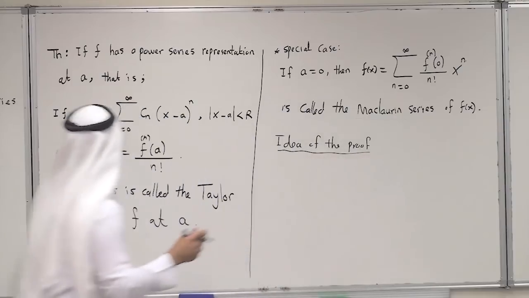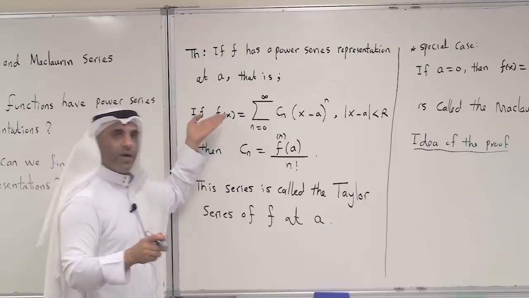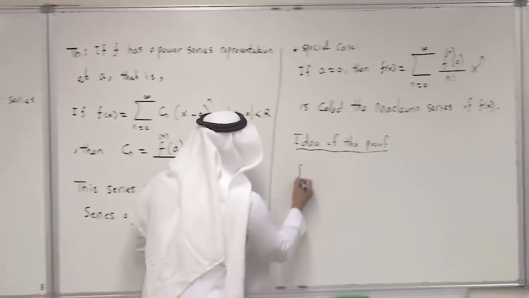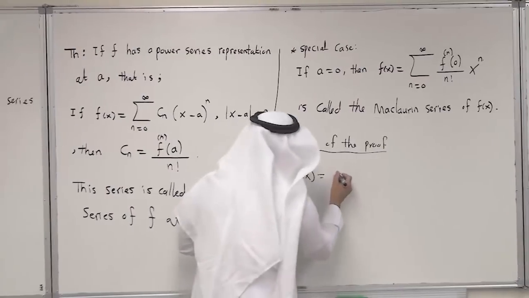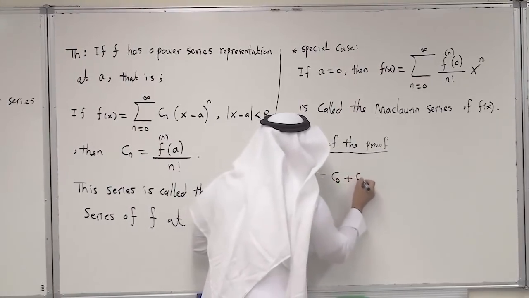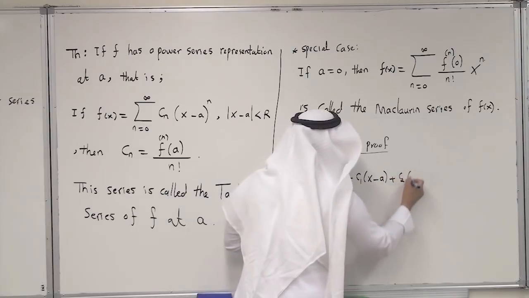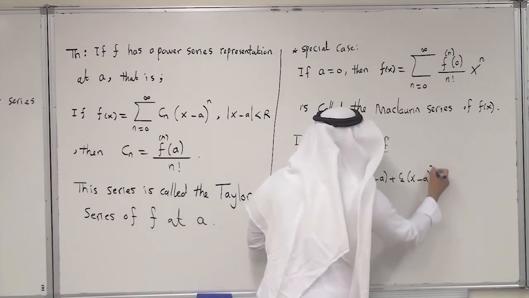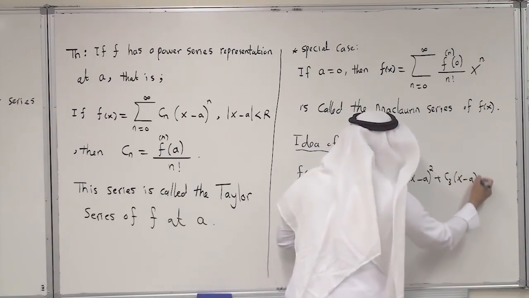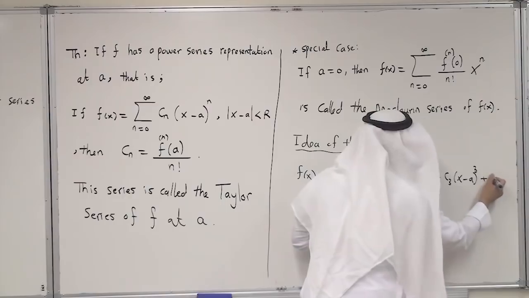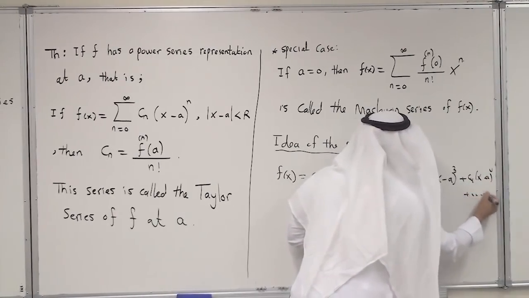The only thing we need to go back to is that we assume now that we have a power series representation for f of x. It means you can expand f of x like this. You can rewrite it as C0 plus C1 times (x minus a) plus C2 times (x minus a) all squared plus C3 times (x minus a) to the power 3 plus C4 times (x minus a) to the power 4, plus this will go indefinitely.